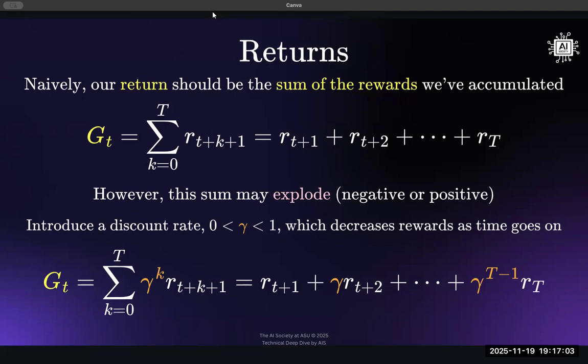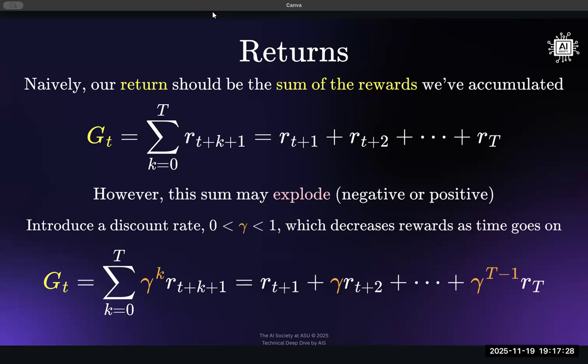And so that's where the return comes in, which is the total expected sum of rewards over many episodes that we run. It's just a sum over the next reward after that. And then we're just trying to quantify what is our expected return. So like, what is our expected return on our investment?